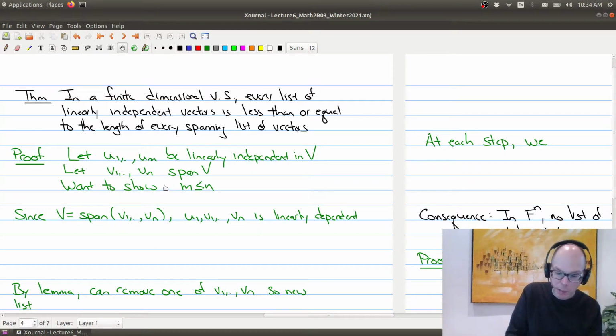What the theorem is saying is that the number of linearly independent vectors, m, will have to be less than or equal to the number of vectors in the list that spans V. So for any linearly independent list and any spanning list, you have this relationship: m is less than or equal to n. That's what we're going to prove.